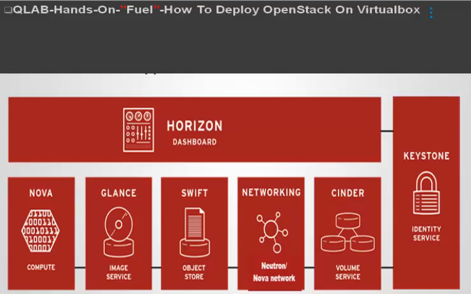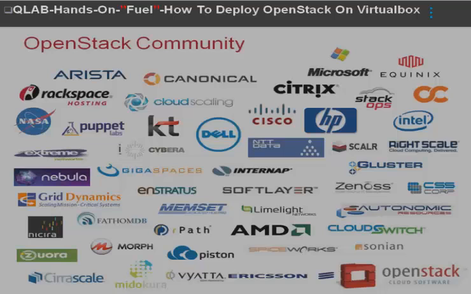OpenStack is a set of software tools for building and managing cloud computing platforms for public and private clouds, backed by some of the biggest companies in software development and hosting, as well as thousands of individual community members.